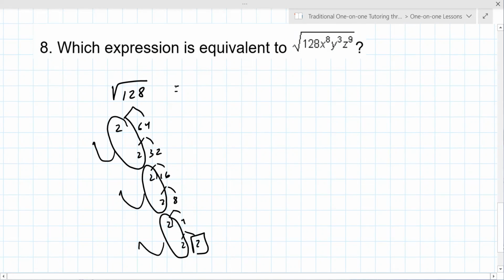Now the next thing we've got here, I don't need these equal signs, is the square root of x to the 8th. If you recall, there's really a 2 here. To simplify this, we can go into this factor tree, but you just take the exponent and divide it by 2. Maybe you saw that in a video, maybe you didn't.